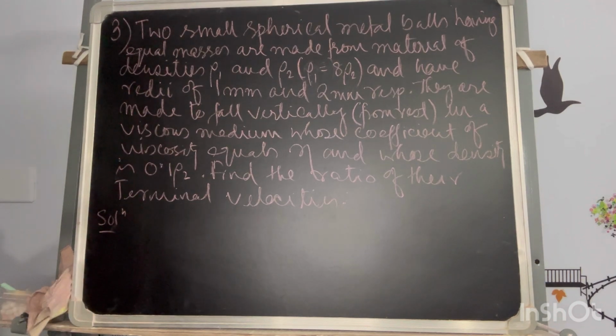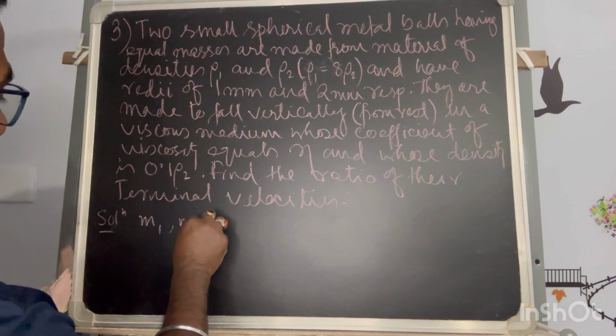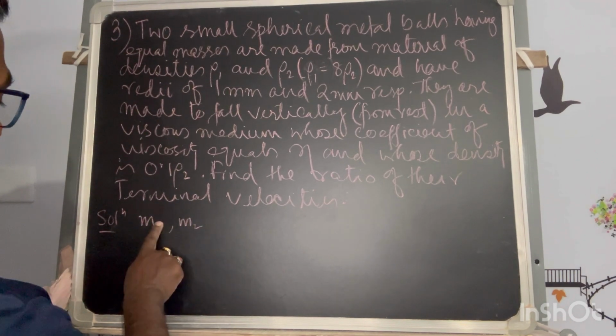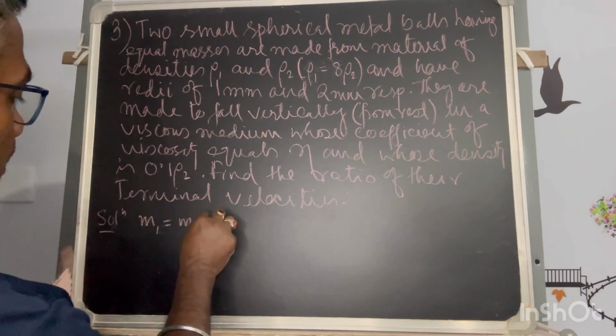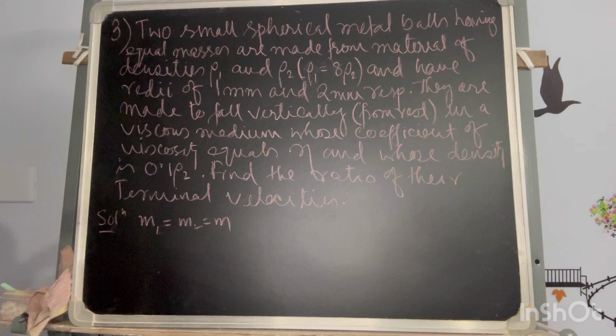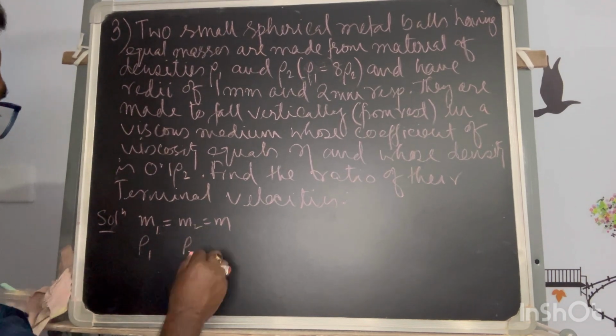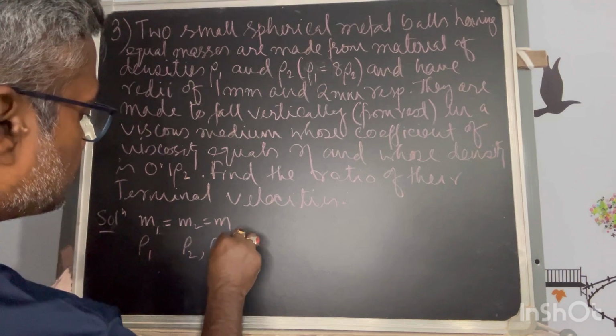The two small spherical metal balls having equal masses. So if I assume the two metal balls are of M1, M2, so that M1 and M2 are equal, we can take it as M. Made up of material of densities, this having density rho 1, this having density rho 2, and the relation is rho 1 is 8 of rho 2.